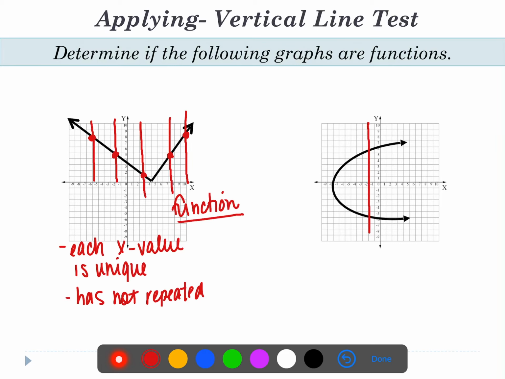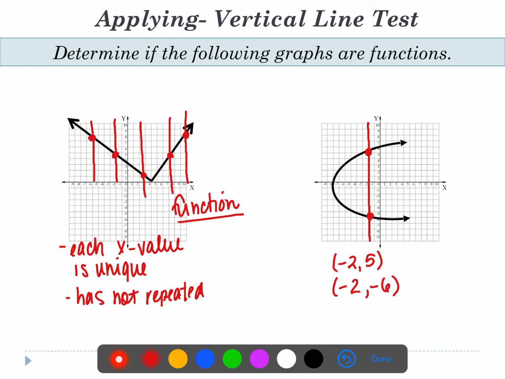Okay, when I look at this second example, I only have to draw 1 vertical line to see that it hits my graph twice. The one that I've chosen happens to hit around -2, we'll say, 5, and then -2, -6, something in that neighborhood.